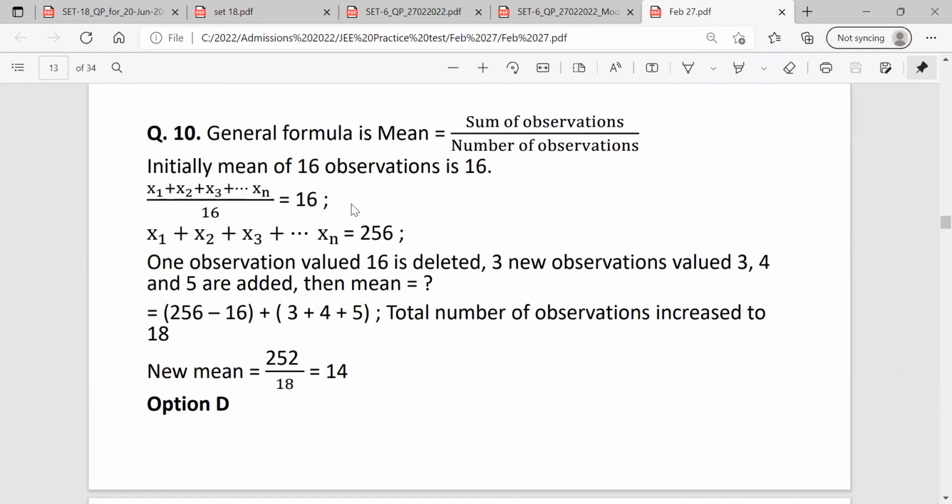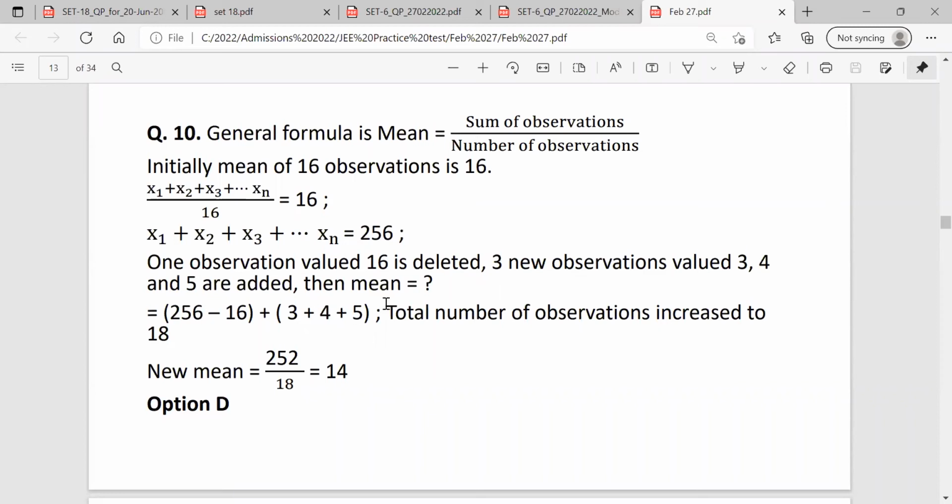And from the total value, one observation valued 16 is deleted. So from this value, we have to subtract 16. And the next condition is 3 new observations valued 3, 4 and 5 are added. So after subtracting this, we have to add 3 more observations: 3, 4 and 5.